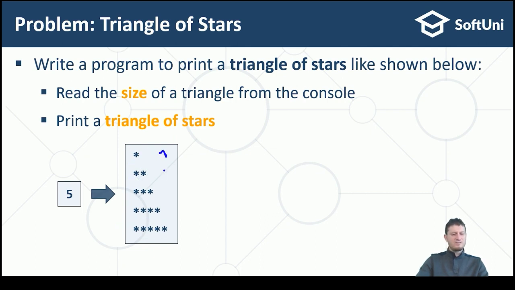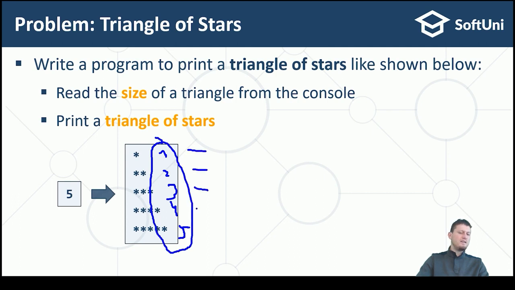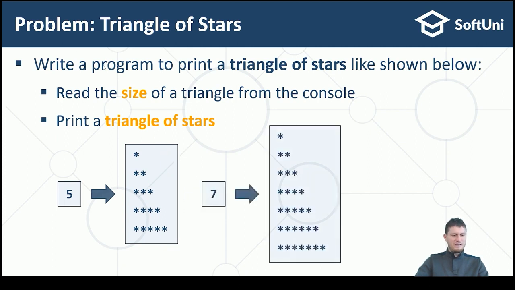So we need to have a loop from 1 to 5, and for each row we need to print stars corresponding to this row number. For example, at row 5 we need to print 5 stars. If the size is 7, the output should be 1 star, 2 stars, until 7 stars.